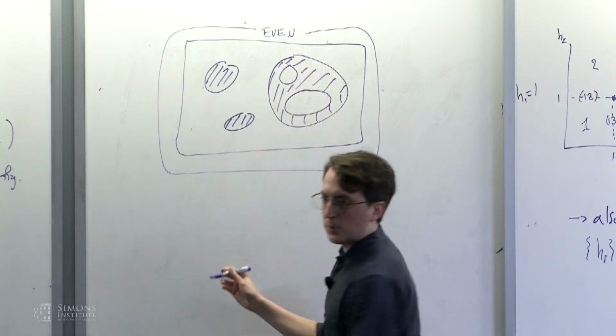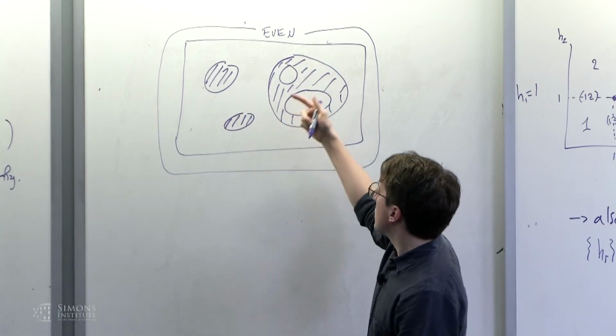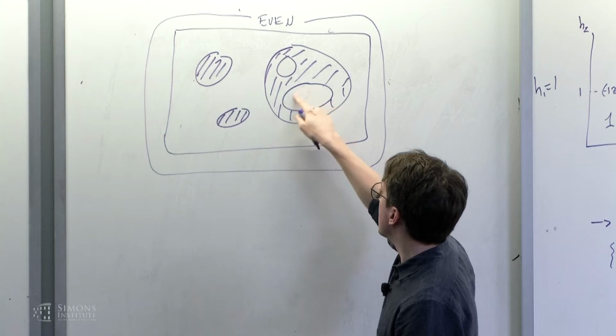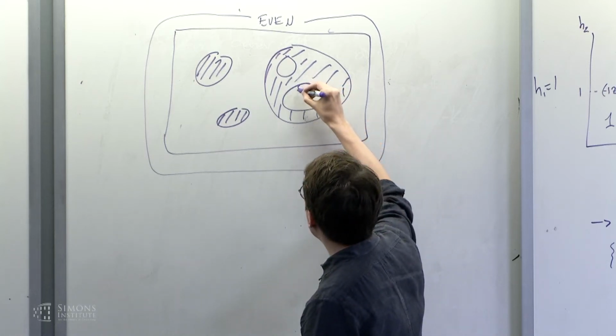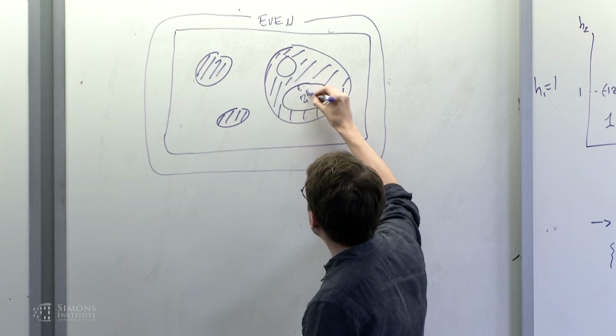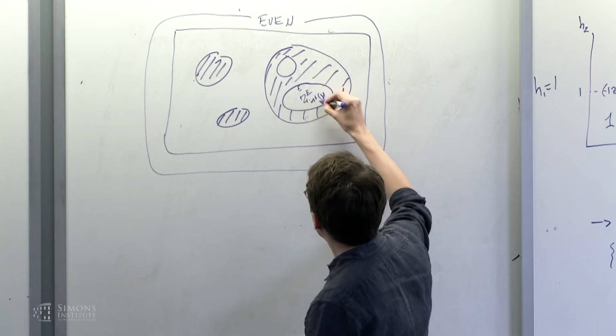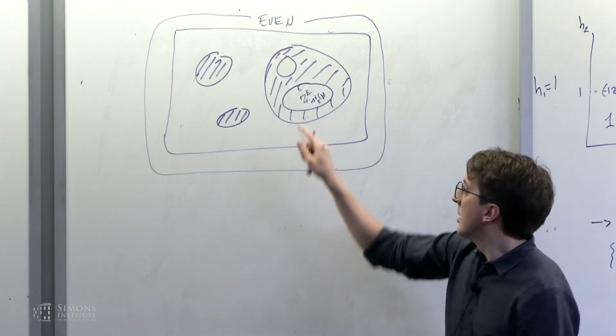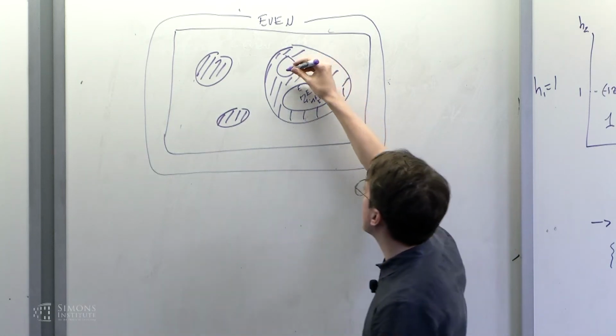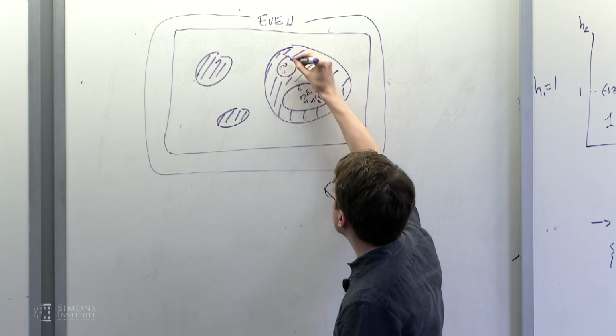So the difference between these pictures is that since I've summed over all possible configurations, there's many possibilities in here now. This is not determined. So this was an even boundary condition. So inside, I actually see Z, a partition function with even boundary conditions in this region. And here I see a partition function with odd boundary conditions.